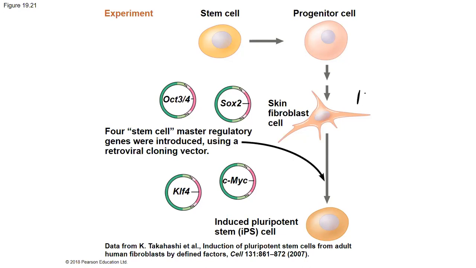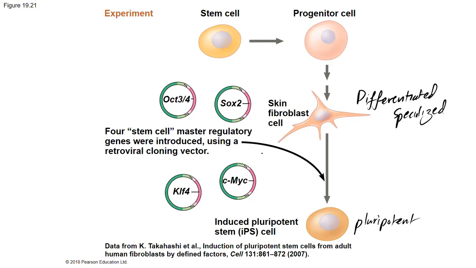So this is a differentiated or specialized cell. Now this specialized cell, differentiated cell, could be converted back into a stem cell called induced pluripotent stem cell, because now it's pluripotent.